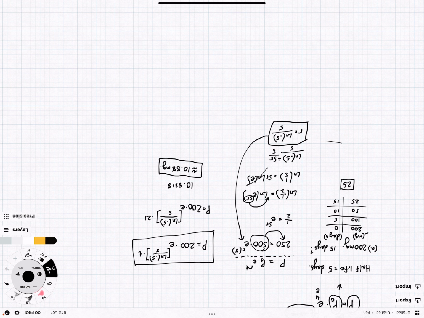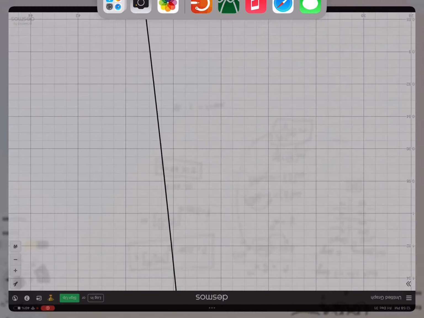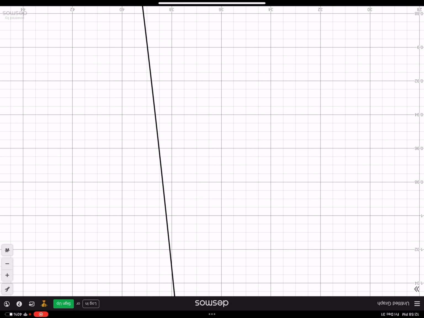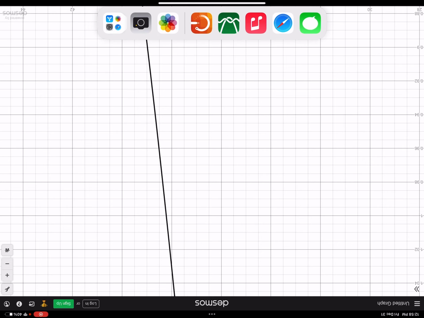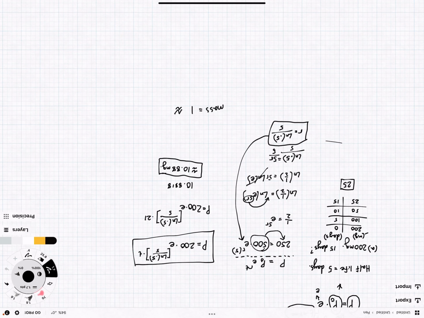So we'll write mass equals 1 at about, I think it was, what was it, 38.218? Yeah. And that's going to be everything for part D.